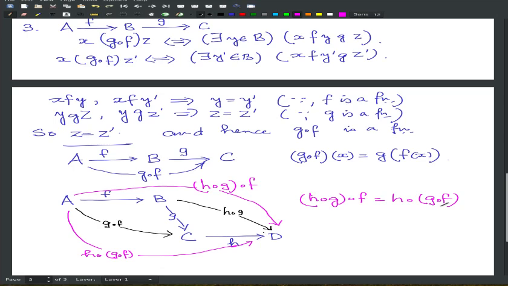But why I drew all of this is, we will often have such diagrams in which, schematically, the diagram would look something like this.